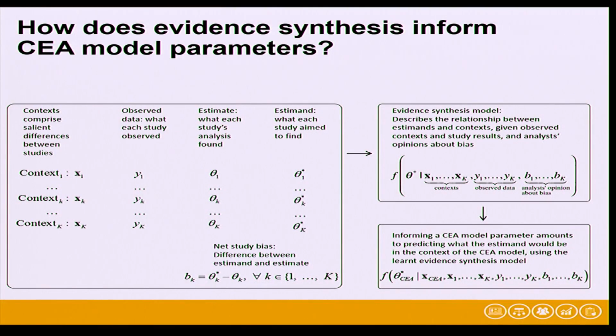So that conceptualization, I will try to sketch a bit by using this schematic, which is borrowed from the book. I will hazard an explanation, but it should not satisfy you, and I will ask you to refer to the book. Say that we are interested in informing a cost-effectiveness model with respect to, for example, the treatment effect for a pairwise comparison of interventions, and that we have capital case studies that are relevant to this information.